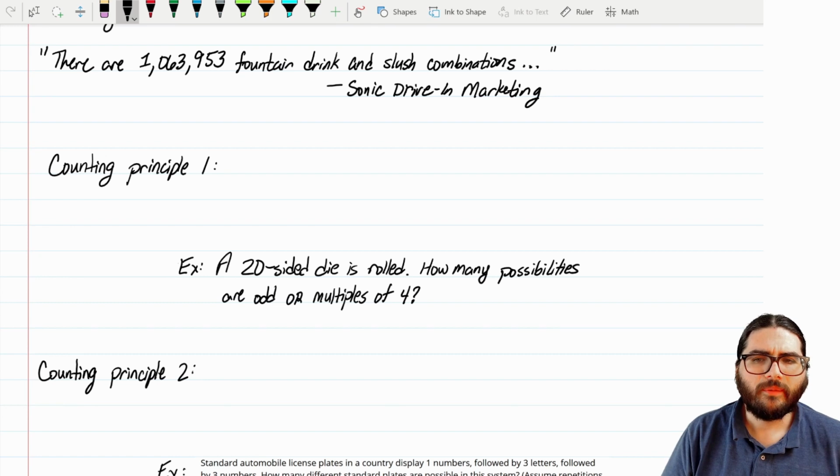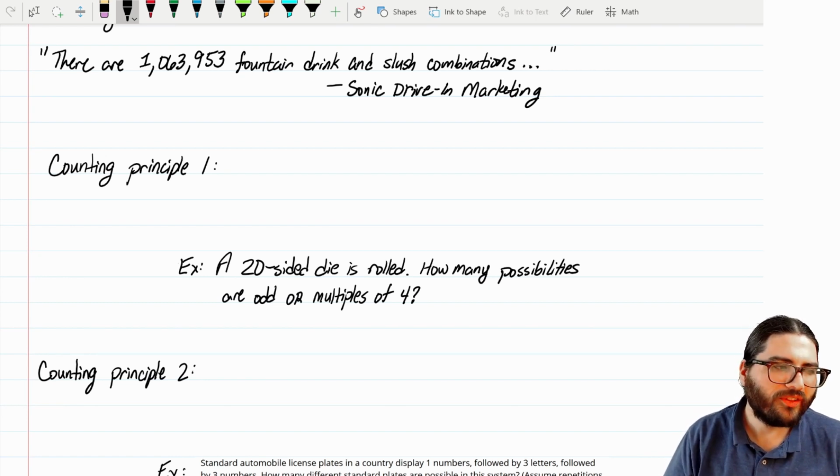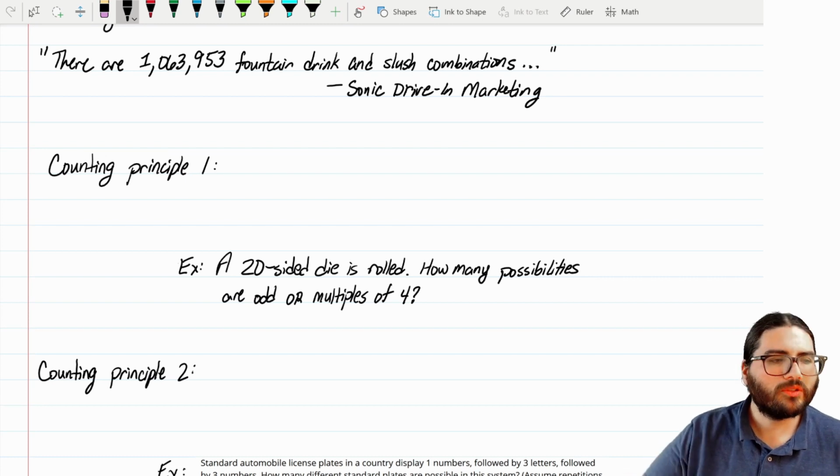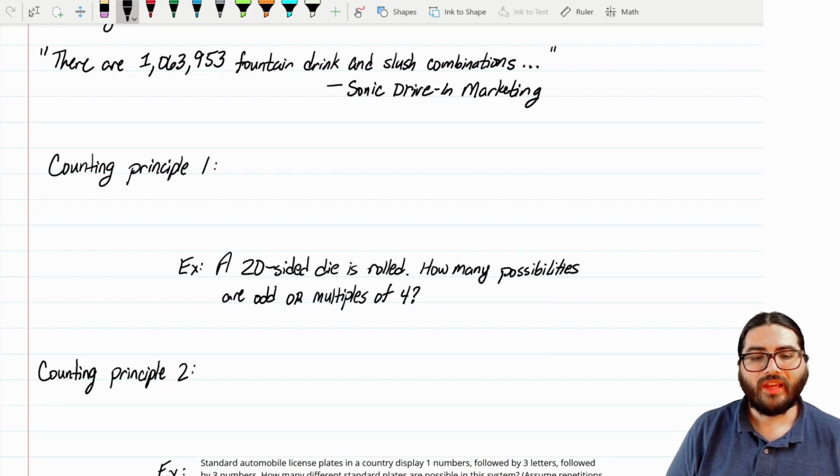But if I am piecing it together, saying, okay, if I break this down, I could have one of 8 different combinations for the base drink, and one of 6 different combinations for a syrup, and one of 4 different combinations for maybe a fruit which goes in it, then I start multiplying those things together. And the trick between them is, am I allowed to mix and match and have all of them or none of them?